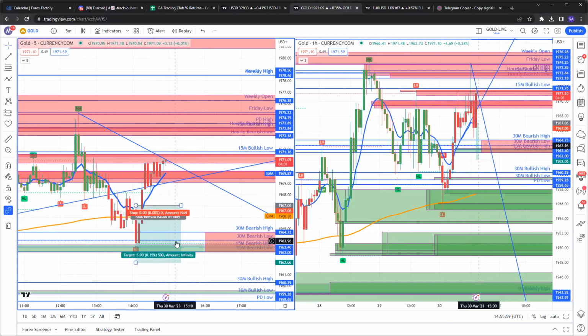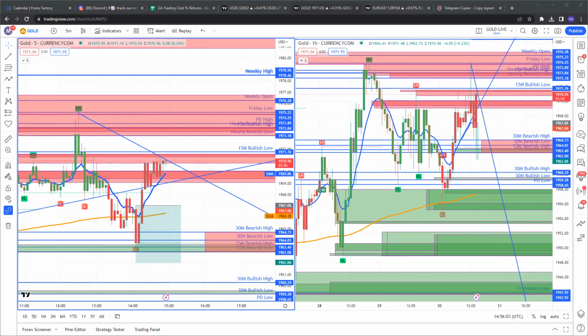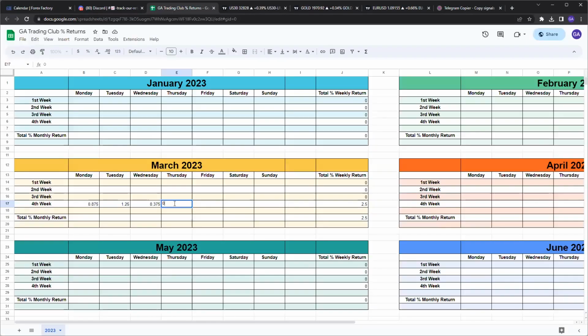So when you're securing half right here, we would have been up around half, 0.125, no, half, around 0.13. So personally, I am up 0.25% for the day, but based on the strategy, only up 0.13%.